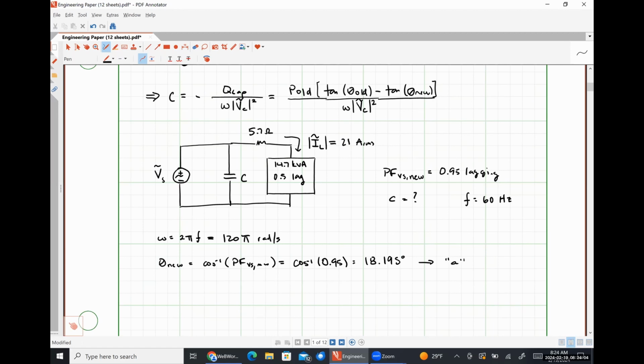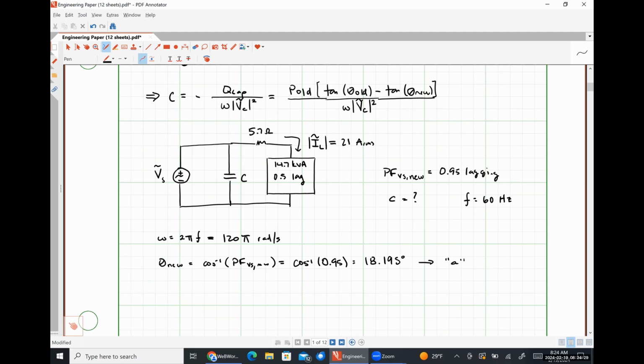So let's talk about the other pieces. Well, P old and theta old are going to be related to each other. So if we can figure out what the complex power absorbed by our system is, or what the complex power supplied by our source is prior to power factor correction, we will have both of those pieces of information.